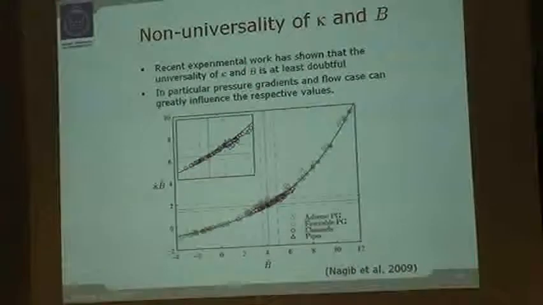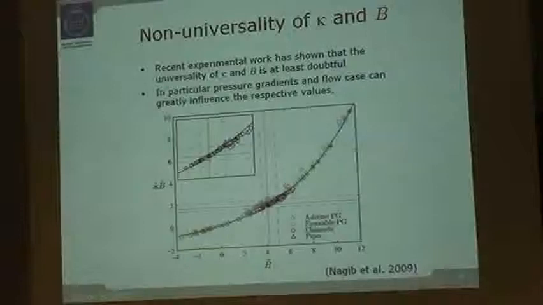And the last point that I'd like to make about this law of the wall, the logarithmic region, I mentioned before, is the universality or non-universality of the Karman constant, kappa, and B. Essentially, it's really not clear what this value should be.